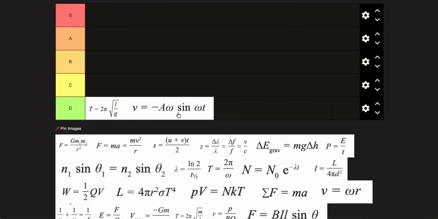And I'm inclined to put it in D. The reason is that it's not a fundamental quantity. Once you have Newton's laws of motion, you can figure it out quite easily. So I'm gonna put that in D, and I'm gonna do the same with the formula that gives you the velocity in simple harmonic motion. Maybe I can put it in C, given that it's a little bit difficult for students, so let's put it up there, okay?